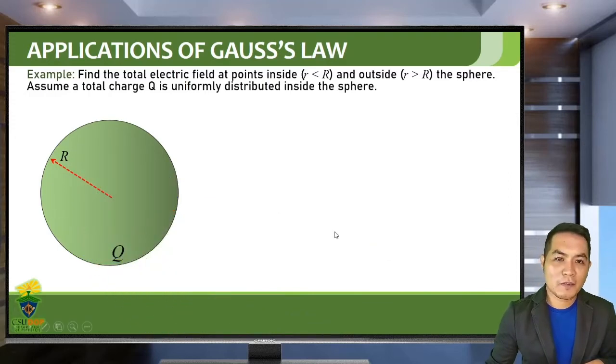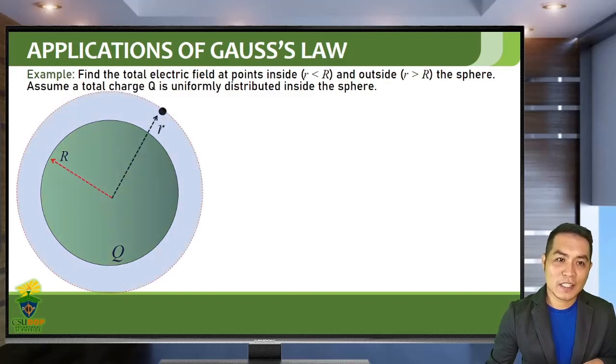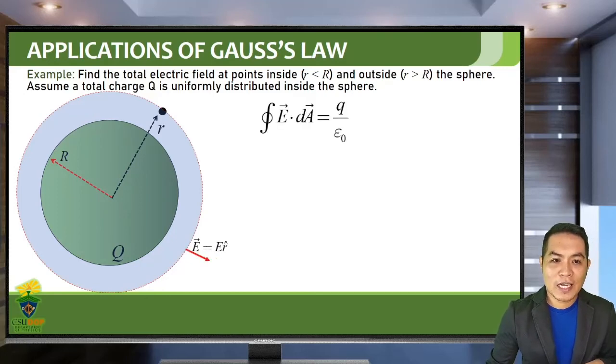How about for the electric field outside? So you need a field point outside the sphere. So you make a Gaussian surface including the field point. So you use Gauss's law in integral form. And here, it's still the same. The electric field vector is still constant in magnitude, and it has the same direction as the differential area vector. It's still the r hat direction.